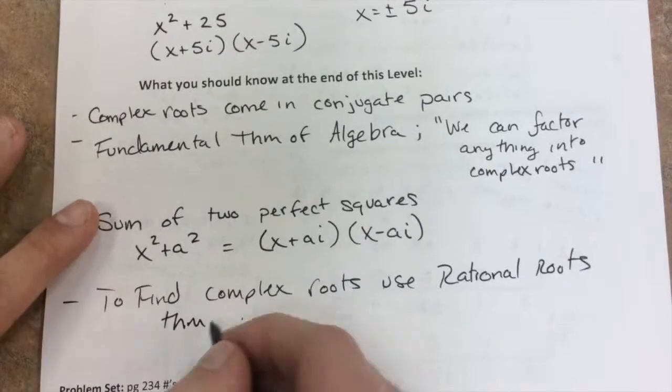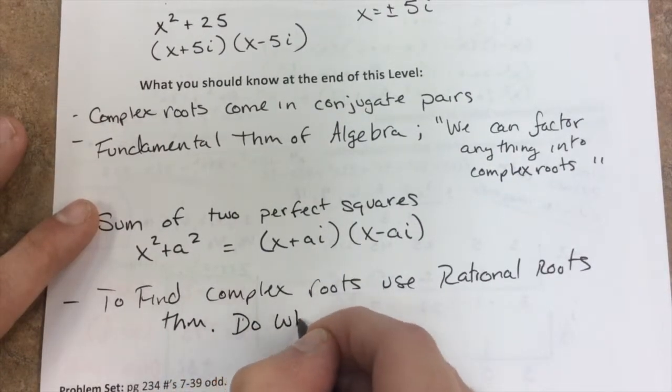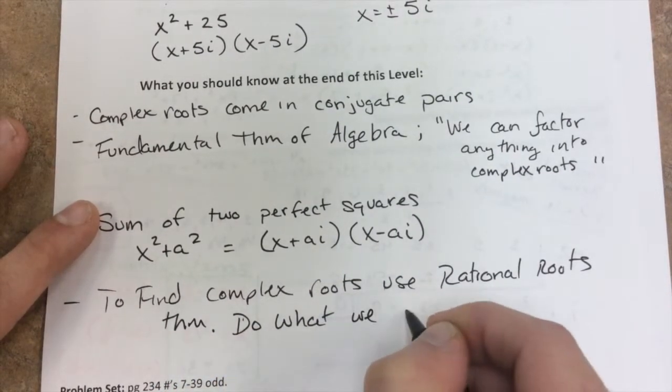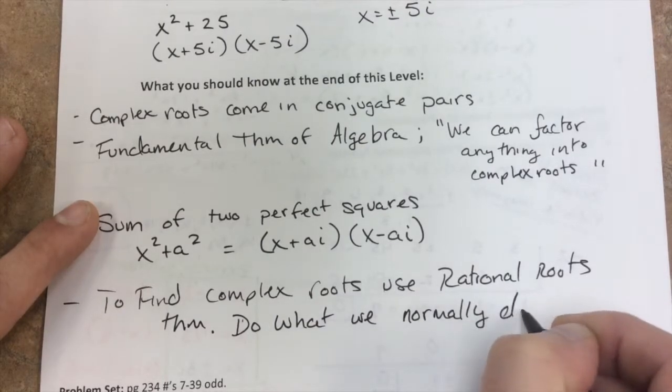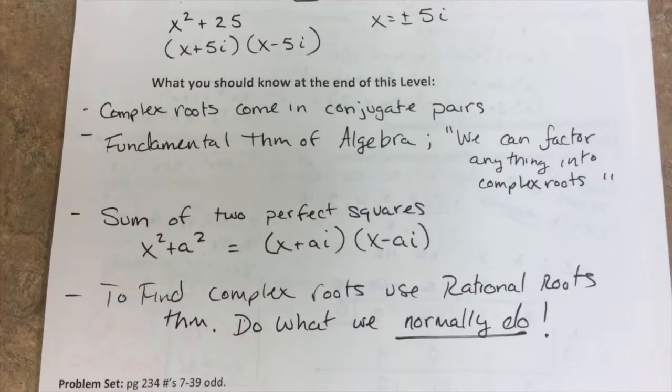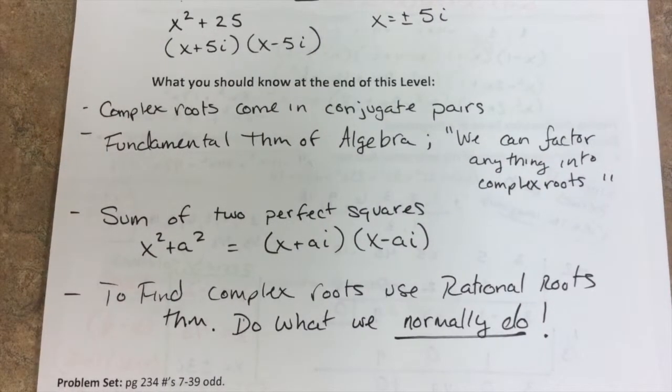So we're going to do what we normally do. And once you do that, once you get down to a quadratic, you can see if you can factor that quadratic. All right. This is going to be your next test. Good luck.